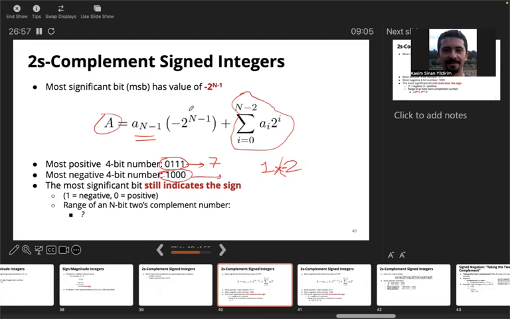I have 4 bits, so 3, plus all the other bits, whose impact on the magnitude will be as usual. This summation, but since all the bits are 0, they will not have any impact. This side will not bring anything for this number. So what is the value of this number? Minus 8, right? Minus 8.